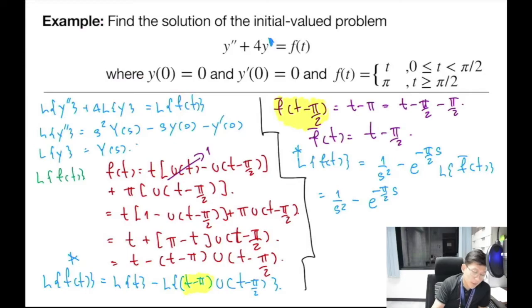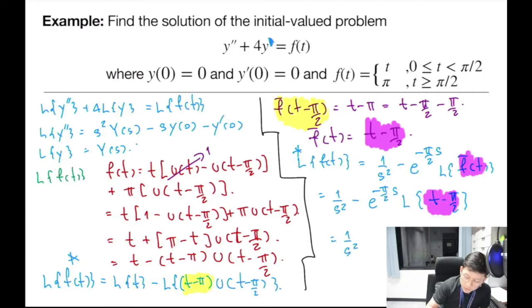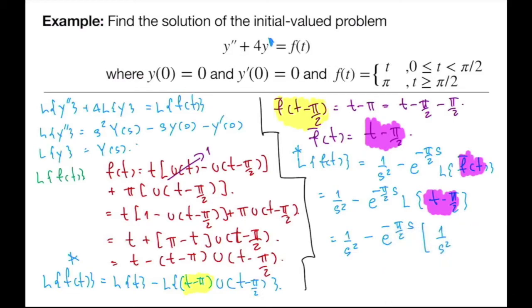The Laplace transform of f bar(t) would be the Laplace transform of t minus half pi. Guys, it's a substitution here. So that would be 1 over s squared, the Laplace transform of t, that is 1 over s squared again, and minus the Laplace transform of minus half pi, that would be minus half pi.